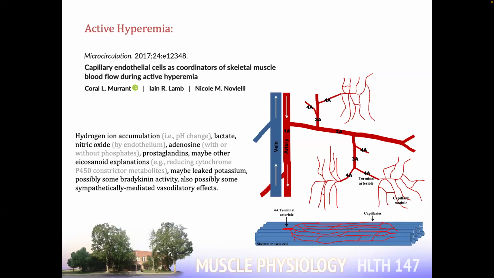Accordingly, upstream from where all of that stuff is released, that's where you see the vasodilation. The increase in blood flow from vasodilation takes about a second. About a second after the initiation of exercise, you start seeing increases in blood flow.